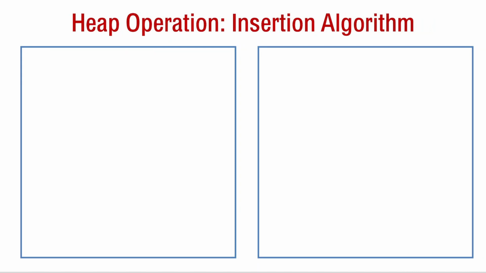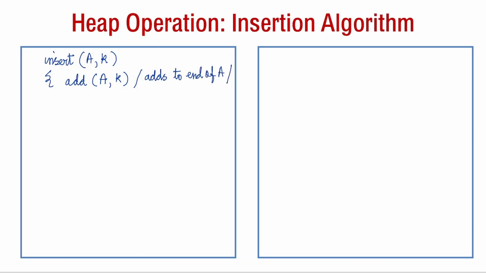So now we come to the algorithm for insertion. Our algorithm inserts a new element k into the heap. This adds k to the end of the array a and then calls update of the heap upwards.